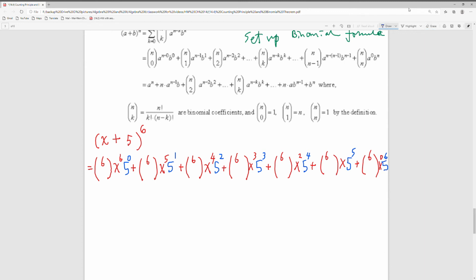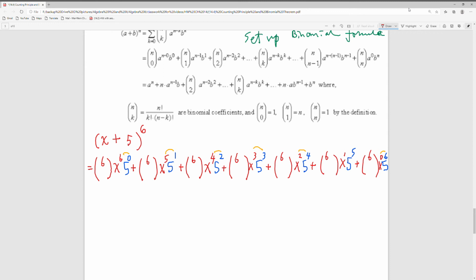Okay, so 0 plus 6 is 6. 1 plus 5 is 6. All the degrees together need to be 6 degrees. You need to double check: 6, 6, 6, 6, 6. Oh, this is 1, and then this is 6. 1 here. Okay.